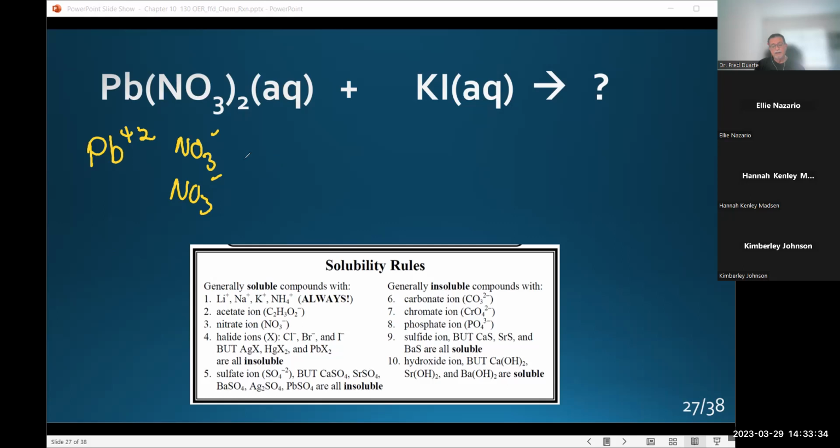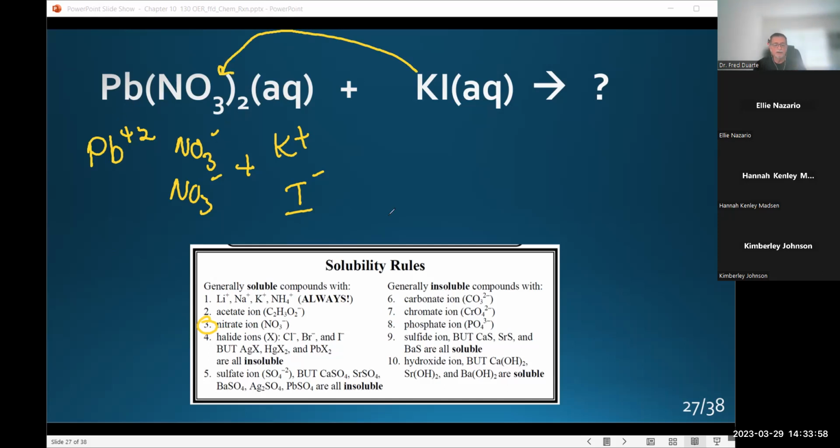And then I got KI, which is a +1 potassium and iodide, which is a -1. All right. Now, we change partners. So potassium nitrate, we know that nitrates are soluble. All nitrates are soluble. So that combination would not make it a positive reaction.